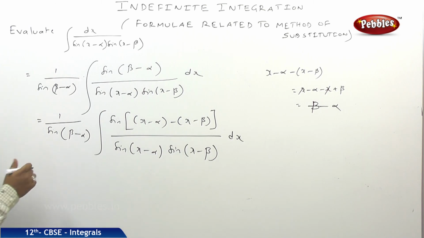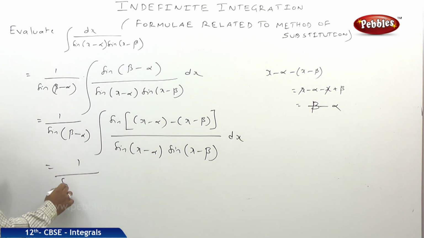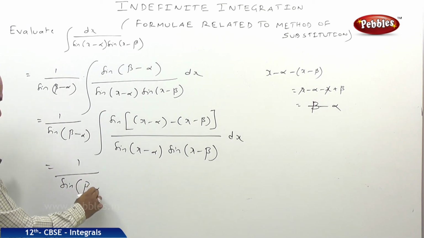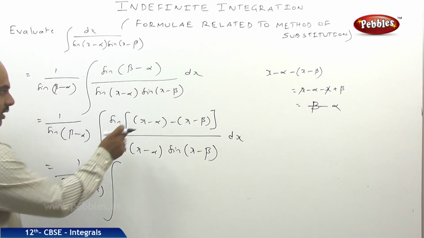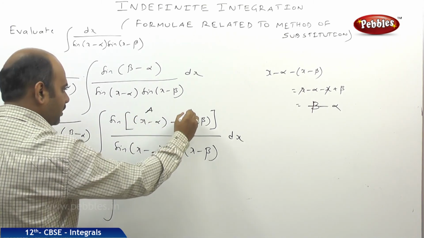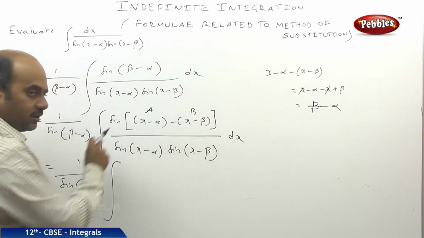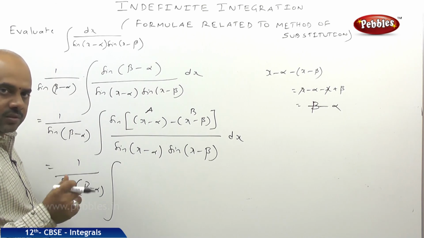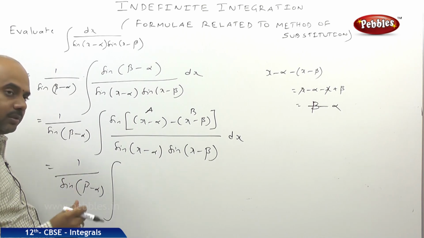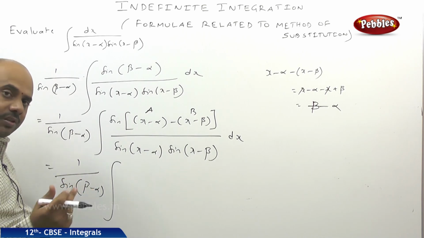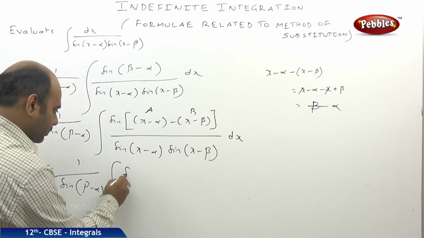If you observe carefully, 1 by sine of beta minus alpha, if I consider this as A and this as B, it is like sine of A minus B. Sine of A minus B means I can apply a formula: sine A cos B minus cos A sine B. So what happens?